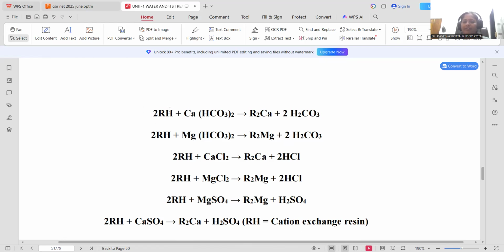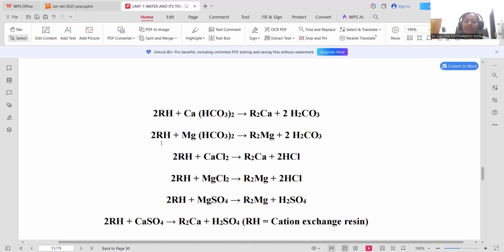That's the reason why hydrogen is shown over its terminal. And if you have calcium bicarbonate in the water as the dissolved compound, the resin is able to replace the cation calcium with H plus, so that the resin is retained with the calcium, and hydrogen is released onto the bicarbonate, and ultimately carbonic acid will be evolved.